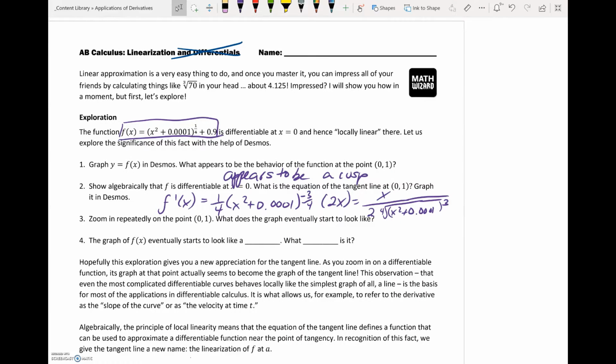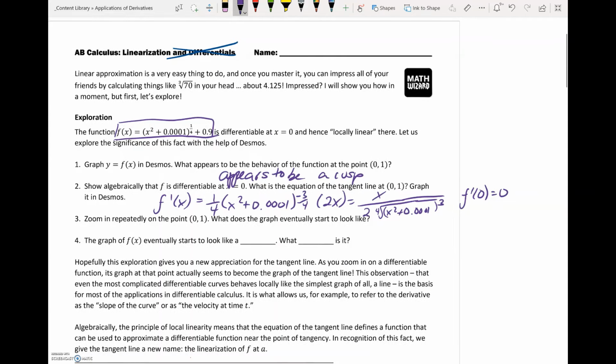If we plug in x equals 0, we're going to get back 0. So we're able to differentiate and find that the derivative there is 0, and we're going to get a tangent line of y equals 1, and we saw that in the graph.